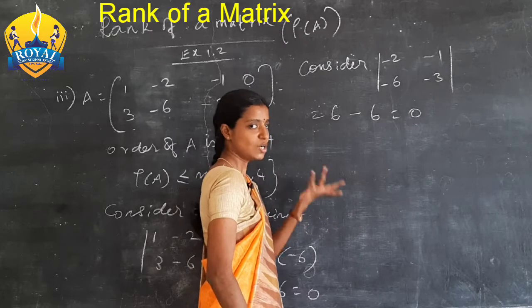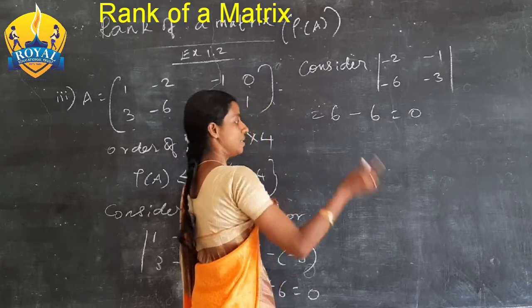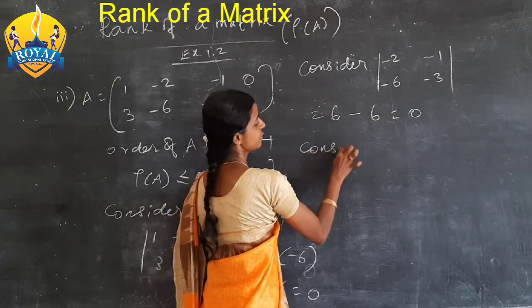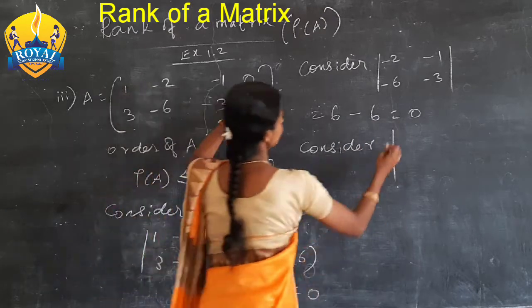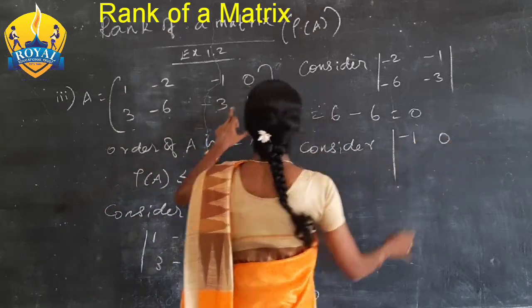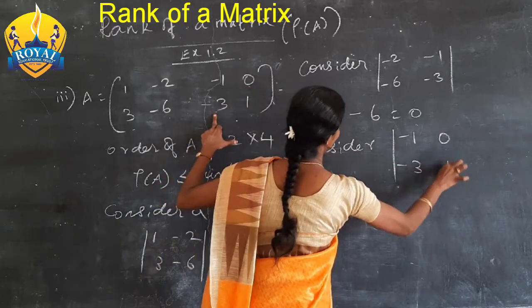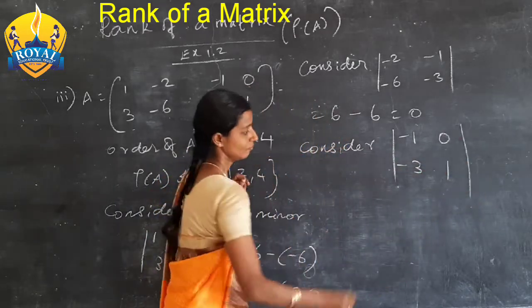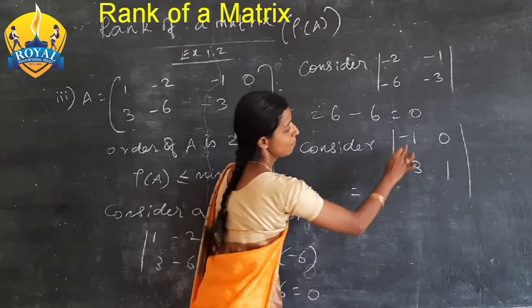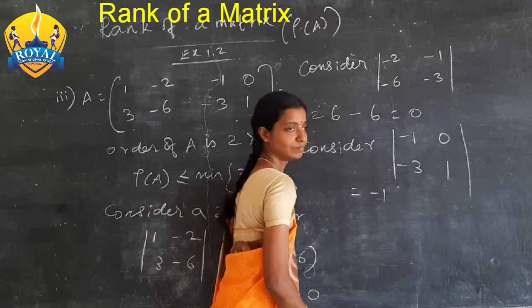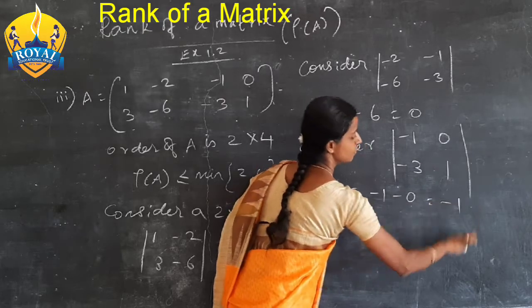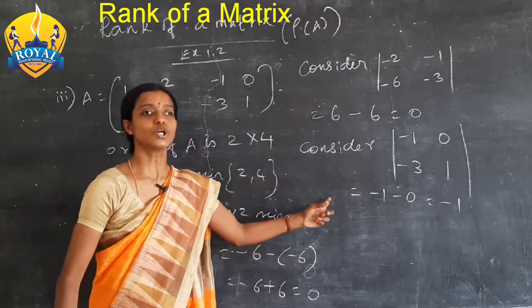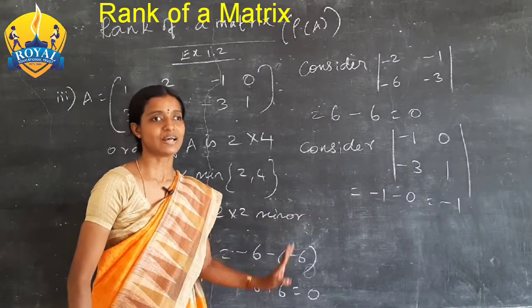So here also it vanishes. Then consider the next 2 cross 2 minor. We will consider [-1, 0; -3, 1]. Here minus 1 into 1 is minus 1, and the other product is 0. So the result is minus 1. So my third 2 cross 2 minor doesn't vanish.